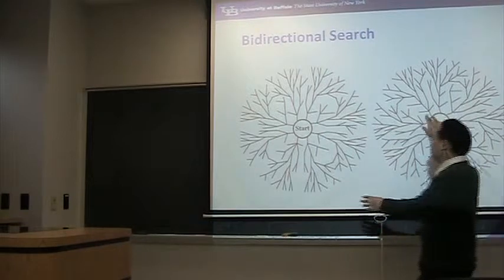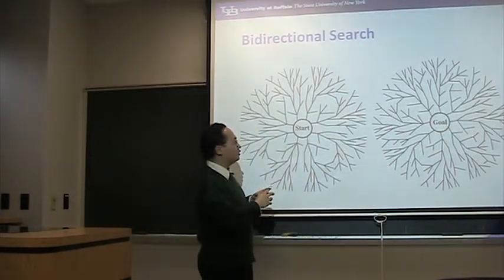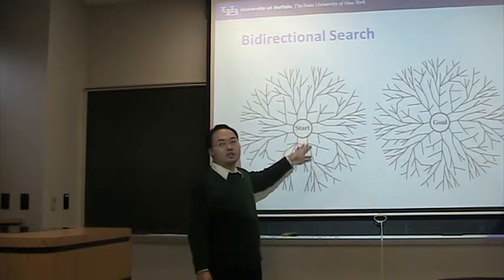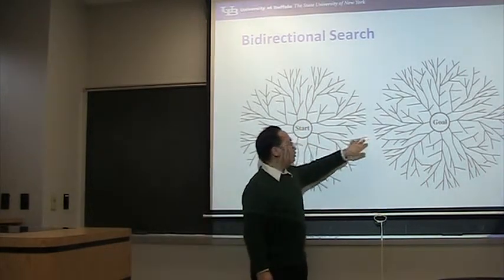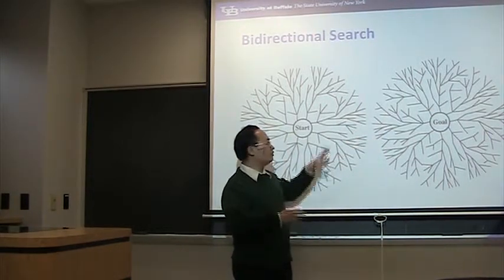So there are two computers or two processors, each of which is calculating a Dijkstra. And if these two trees meet each other, then we find the shortest path.